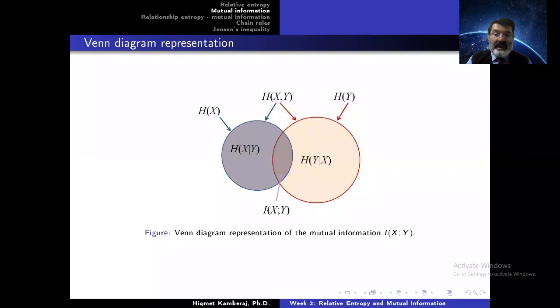Based on this, we can say that the mutual information is the average common information between the random variables X and Y.